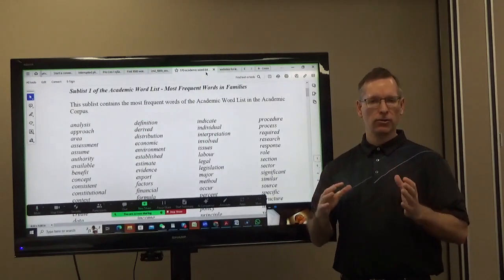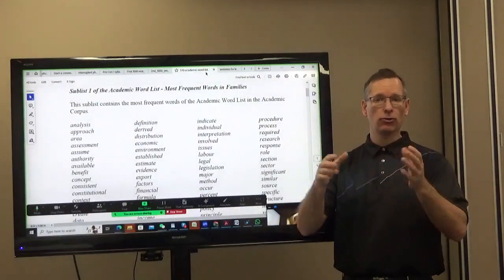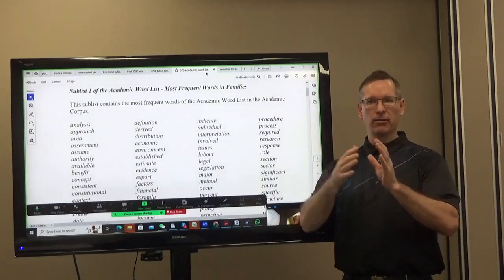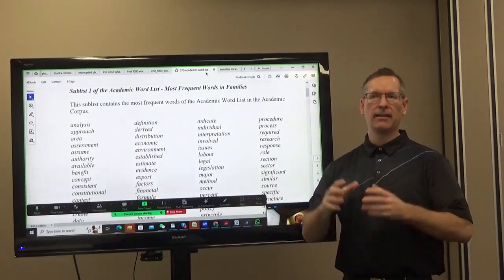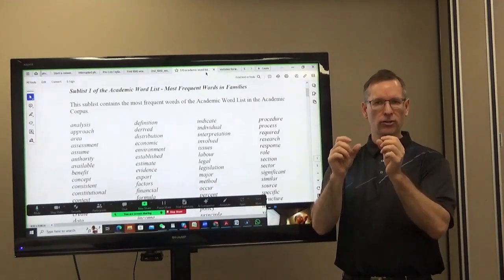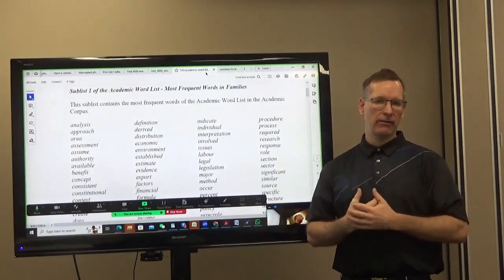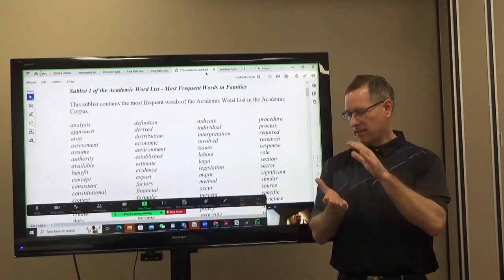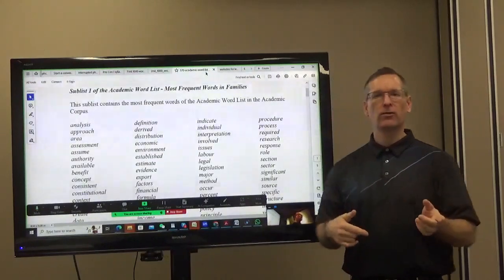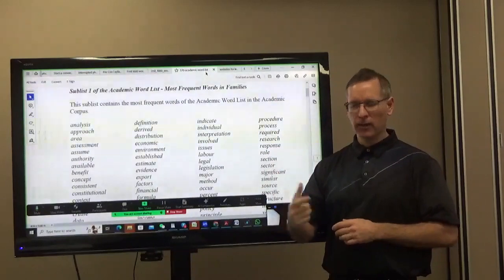There was research done where they looked at many different textbooks in 10 or 12 different majors, so history, psychology, chemistry, biology, science, maths, all of these different areas, and they pulled out and identified the most common words, the root words, meaning the base of the word, and they came up with a list of 570. They have these in groups of about 55 or 60 words. And again, similar to the general English list, I would be working my way through and making sure I know the meaning and how to spell it.